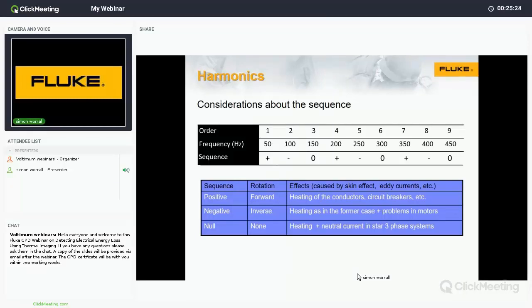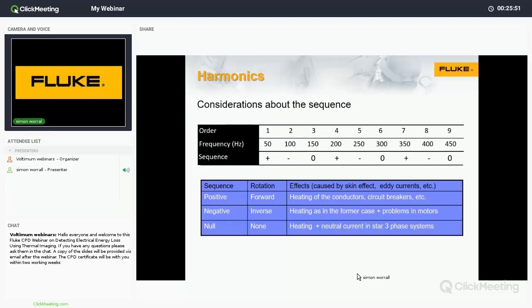A simple example, if we have 10 amps of first harmonic on the motor and we have 1 amp of fifth, not a great example, but just making the numbers nice and simple, we actually have in effect 10 amps driving forward, 1 amp driving backwards. So we only have 9 amps effectively trying to drive the motor forward. So we tweak up the input to the motor, we go to 11 amps and we're stressing the motor.